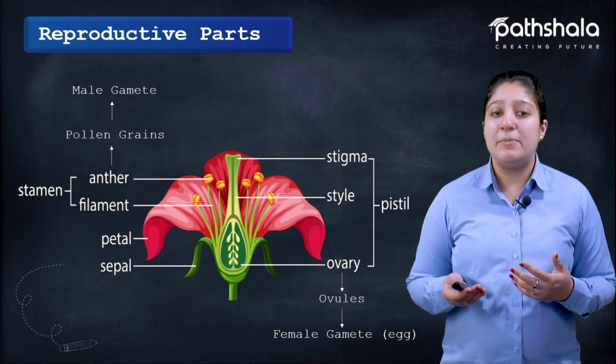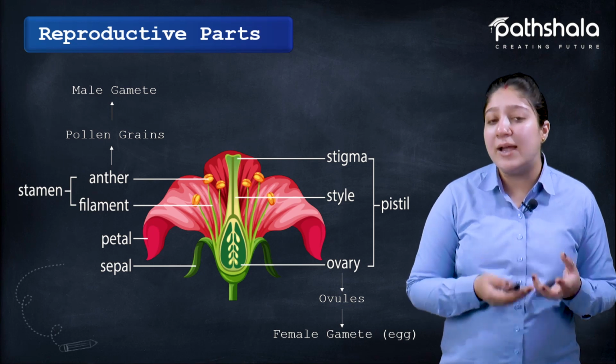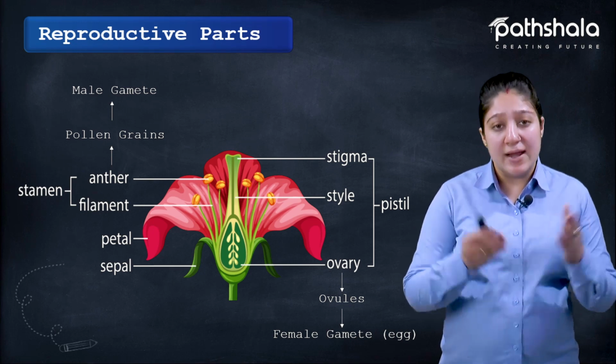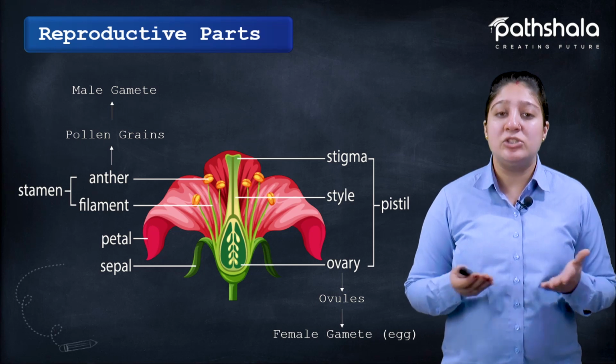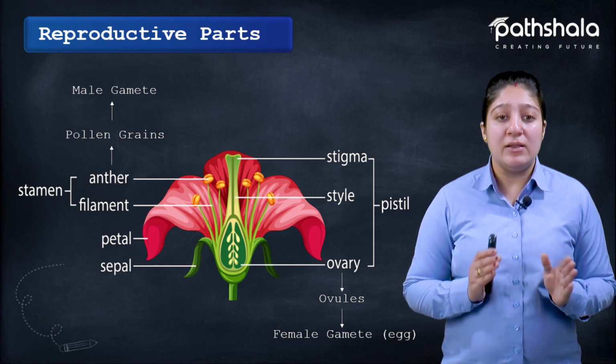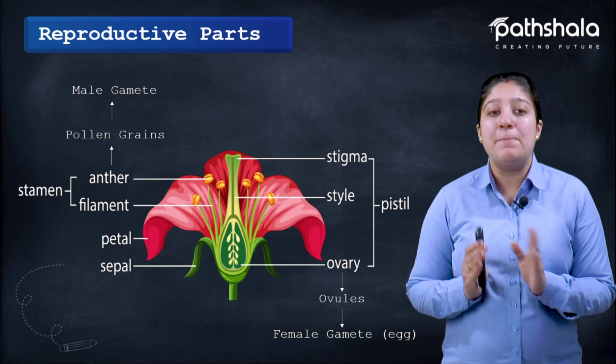And then in the further reproduction process, new plants can be seen. So that is how the parts of the flower look, and that shows how important the flower becomes during the reproduction process.